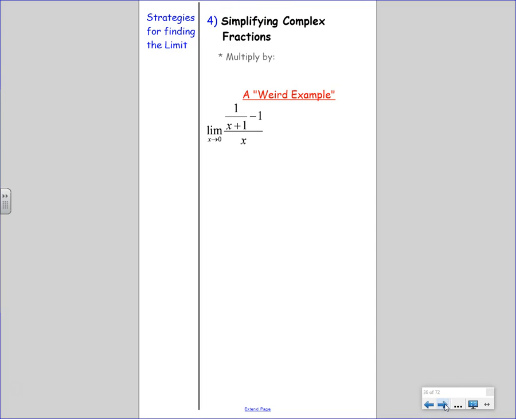Now they have complex fractions. Well, number 4 just says, simplify it. Simplify what? Simplify the problem. Simplify the complex fraction.